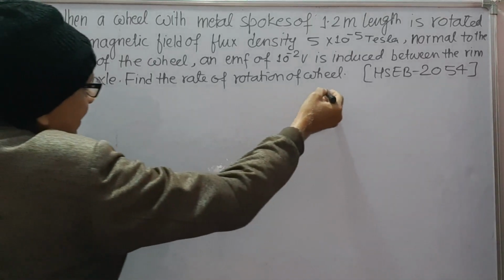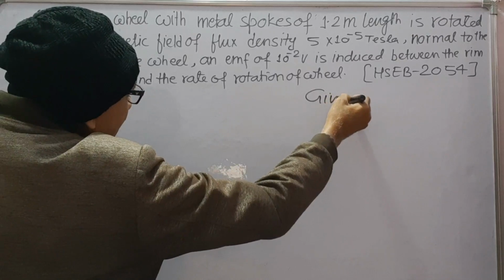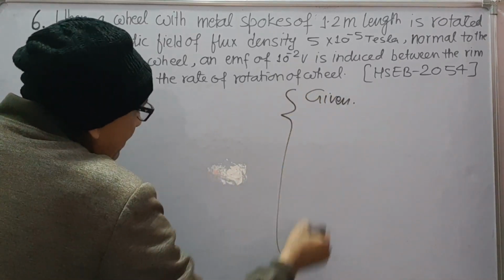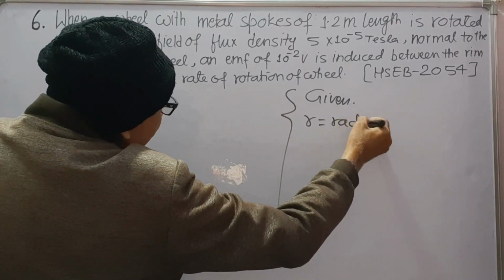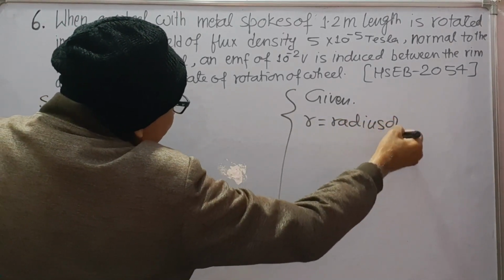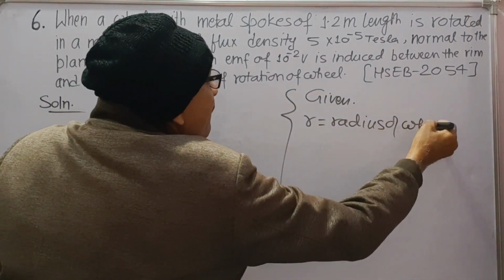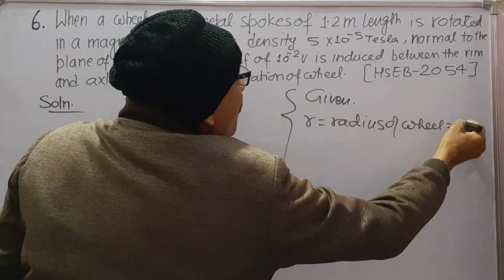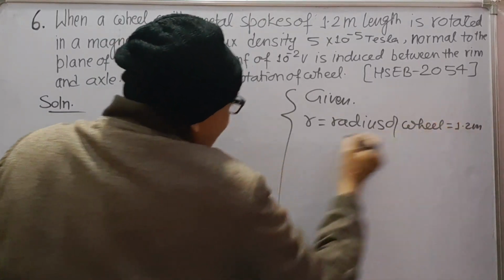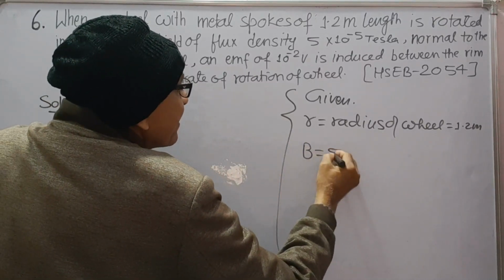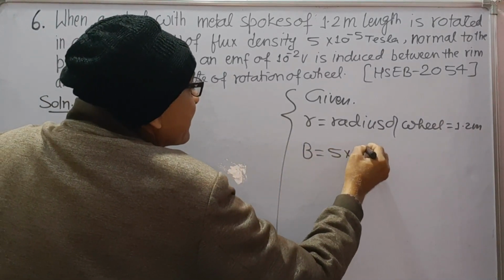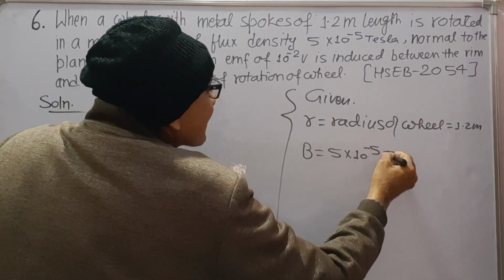Here given. R is the radius of the wheel, 1.2 meter. Perpendicular magnetic field 5 into 10 to minus 5 Tesla.